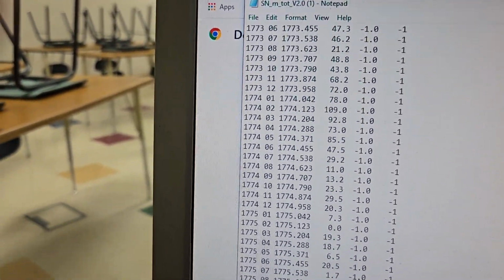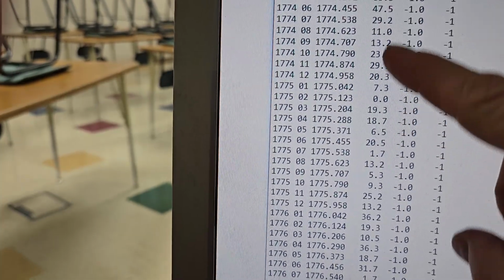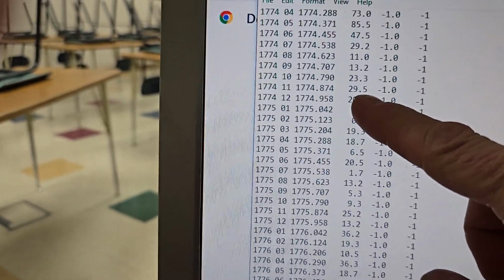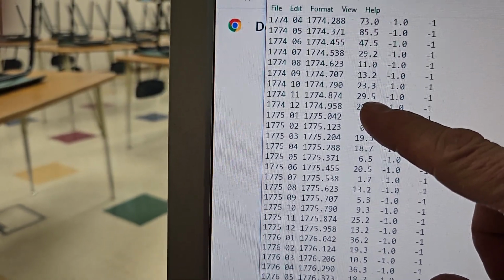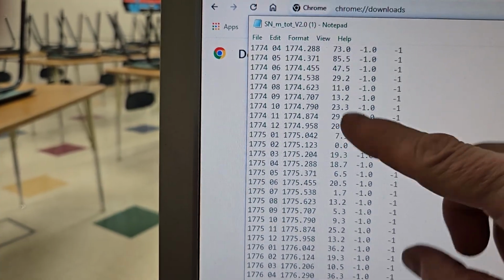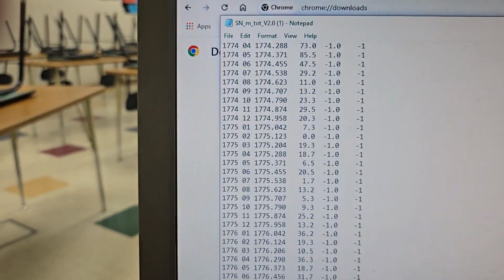Those numbers are changing. Watch this column right here. This is the only one that matters. Okay, this is the sunspot number, the average. That's why there's a decimal. Like the one I'm pointing out right here, November 1774, for example, the average was 29.5 sunspots. There's no such thing as a half sunspot. That's an average. Okay, all right, I'm going to continue.